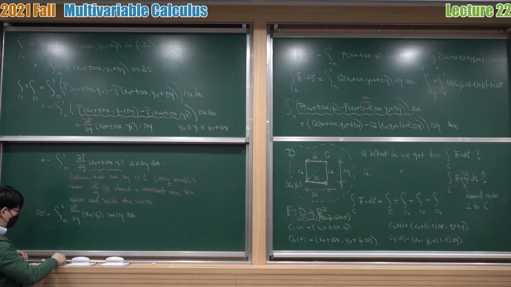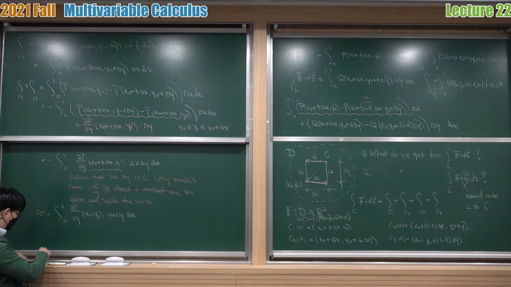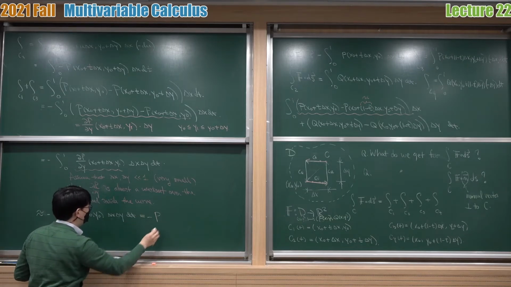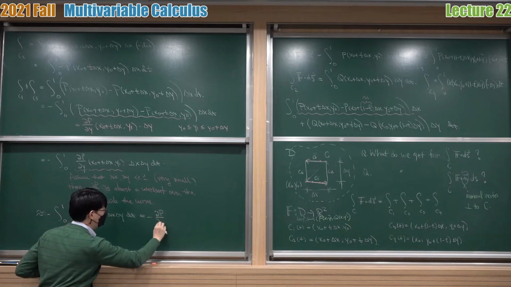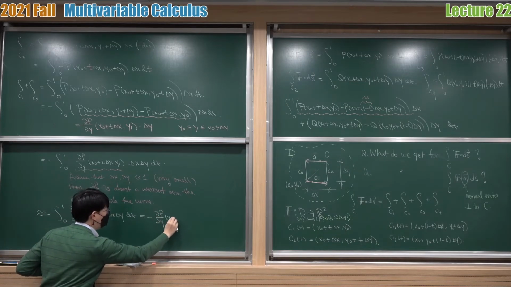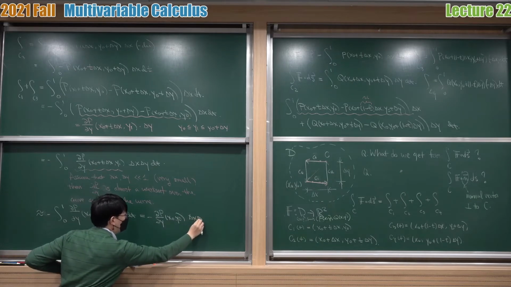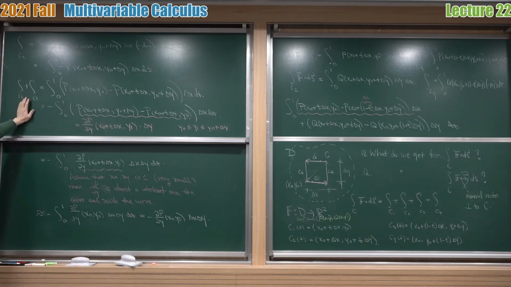Delta x and delta y are constant, so I'm simply taking the integration of 1 over 0 to 1. So this is equal to minus dp dy of x0, y0, delta x, delta y. Okay? That's when we add C1 and C3 together.